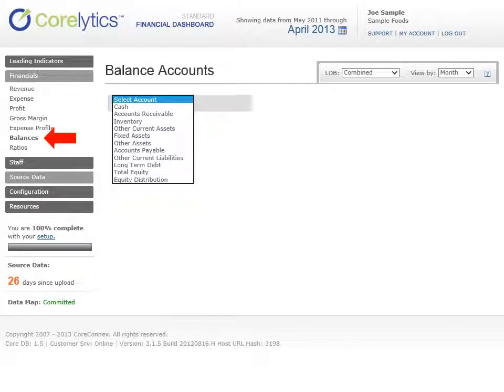So now, even though we have uncovered the mystery for Joe on what was causing expenses to climb as they did, we want to know if those expenses had an impact elsewhere in the company. So for example, we might want to go look at cash. From the balances screen, we click on cash.